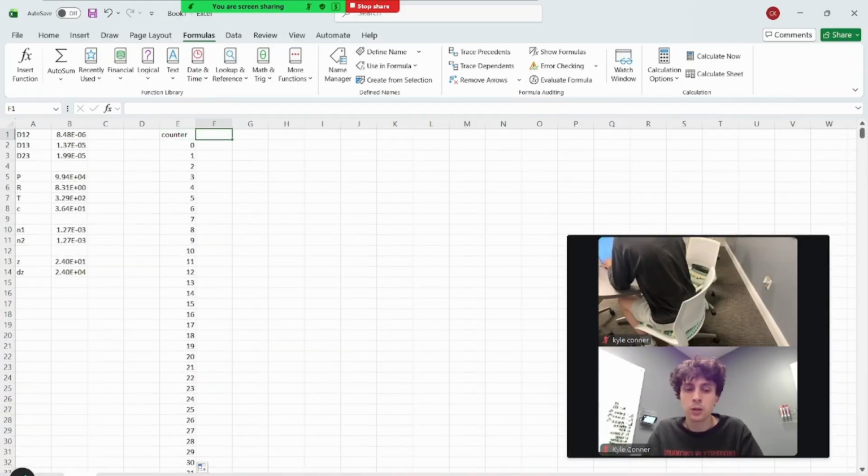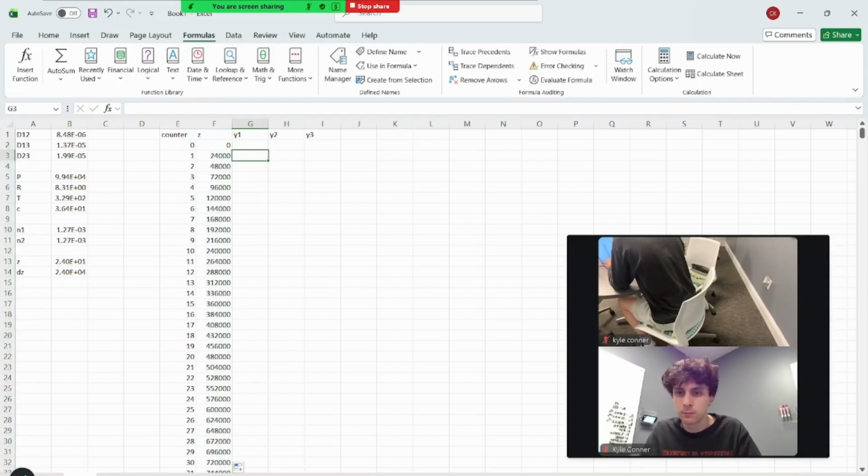So now we can begin our derivations here. We have our Z value, our Y1, Y2, and then Y3. So our Z value is just our counter times our DZ. Next time I'll put these as positives.